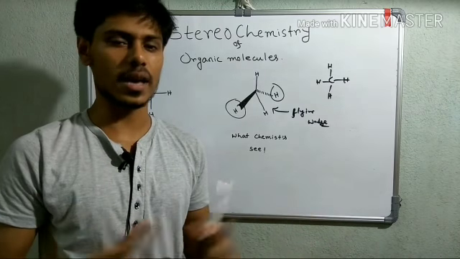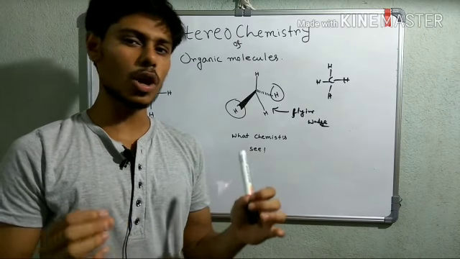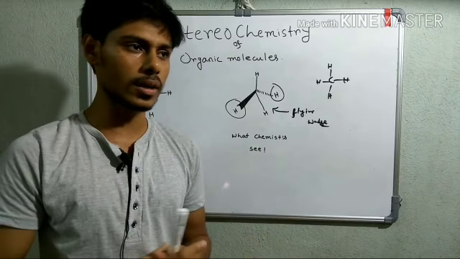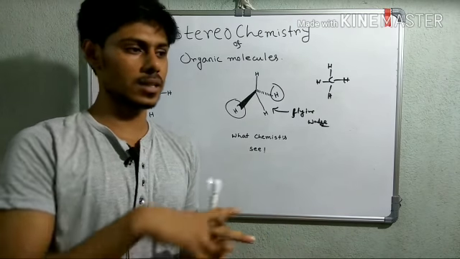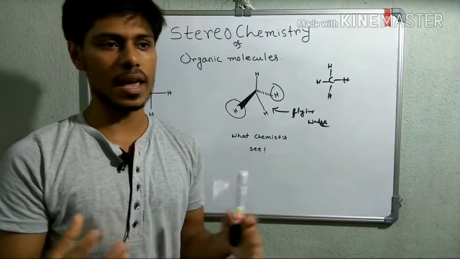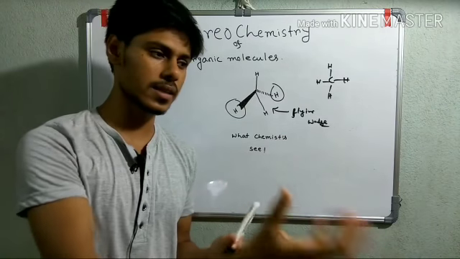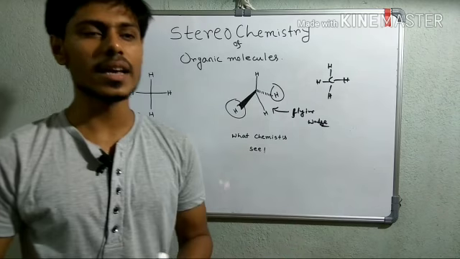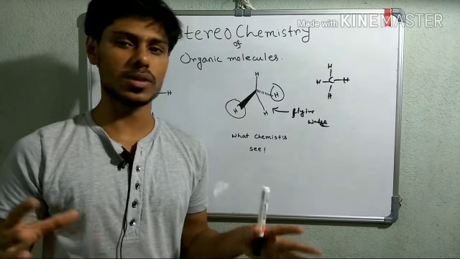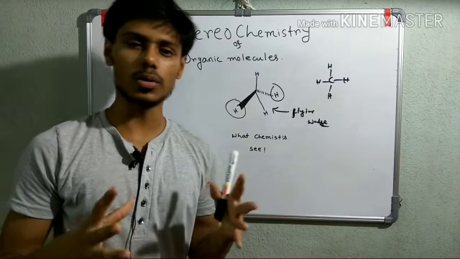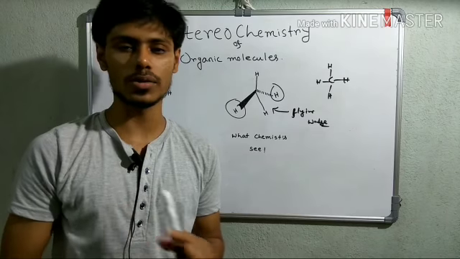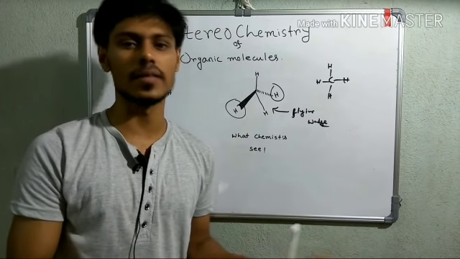I will later discuss what chirality is, but that involves some kind of stereochemistry, and that's why stereochemistry is very important. If you write a reaction and no stereochemistry is manifested in your product or in your intermediate, then it has no meaning, right? So if you want to study organic reactions, you have to know about stereochemistry, because without stereochemistry you cannot write a single reaction.